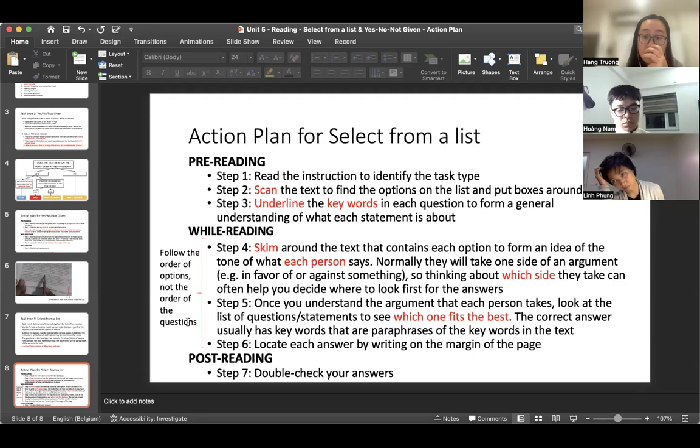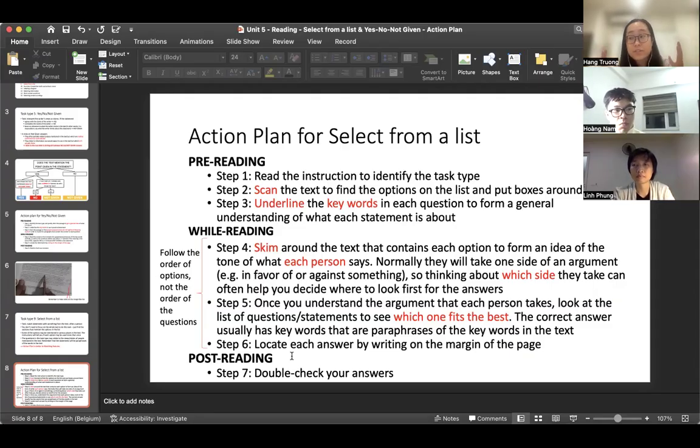So just skim around the words that you've just circled and read the information and try to form an understanding of what the author is talking about in terms of that specific person, and then go back to the statements and see which one fits the best. Okay, so you nhớ nhá, you focus on the people in the list itself, not on the order of the question. This is the biggest difference between this type and the previous types that we studied.